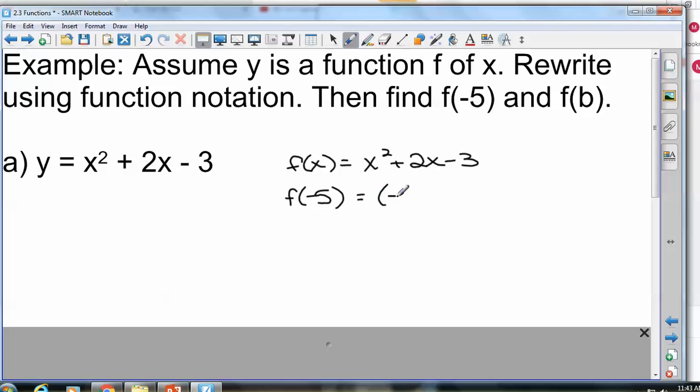So when I say f of negative 5, you are changing all of your x's to a negative 5. Negative 5 squared is positive 25. 2 times negative 5 is negative 10. Minus 3.